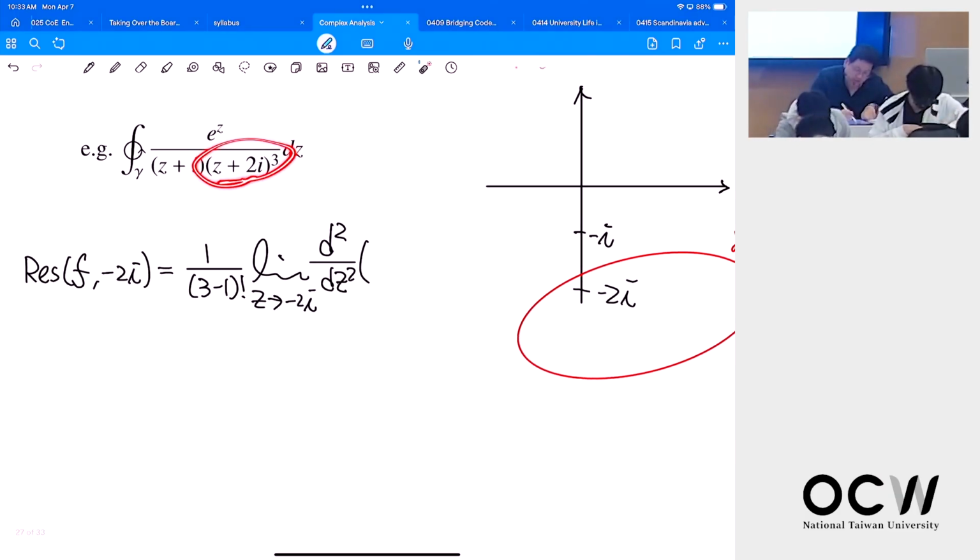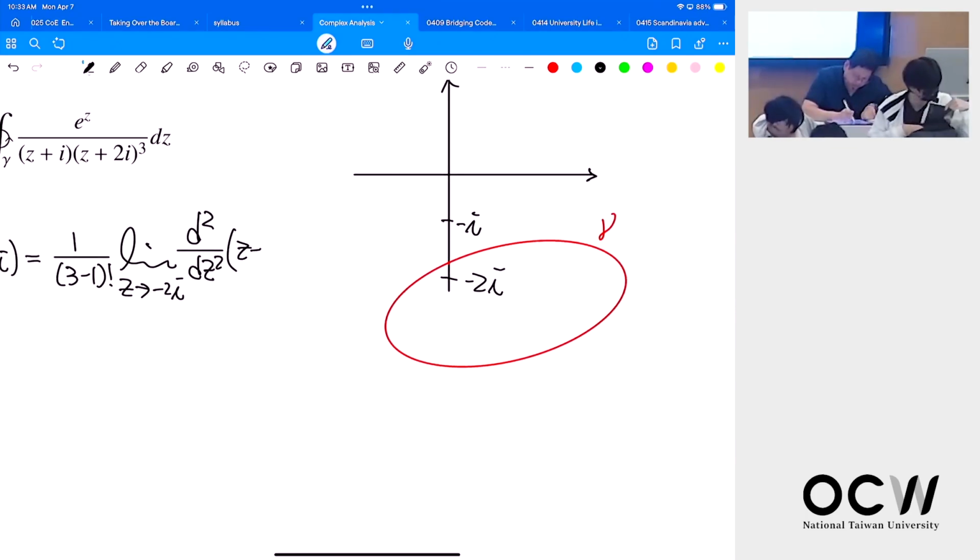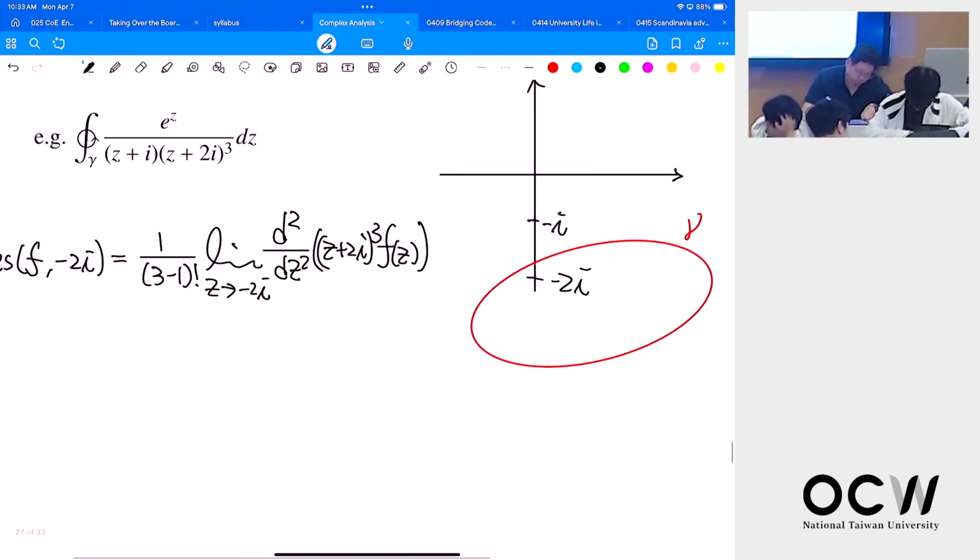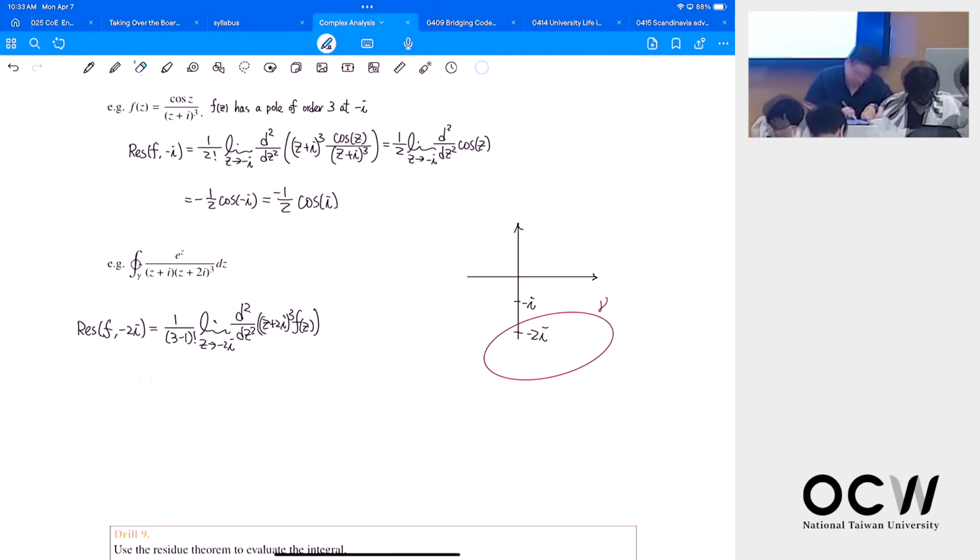So I need to multiply the function by (z plus 2i) cubed. So here we get 1 over 2 e to the minus 2i, 2 minus i.